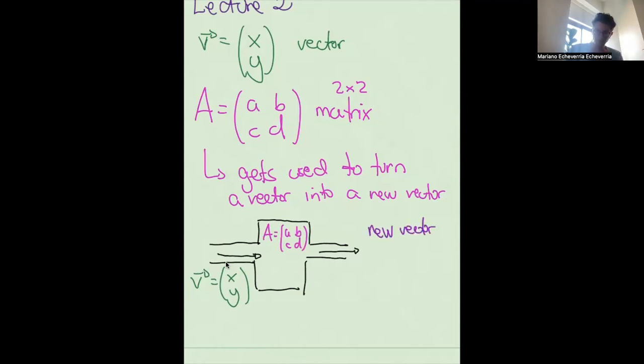The entries of the new vector depend on the input that you feed to the machine and the machine itself.